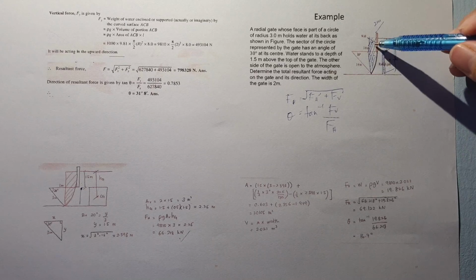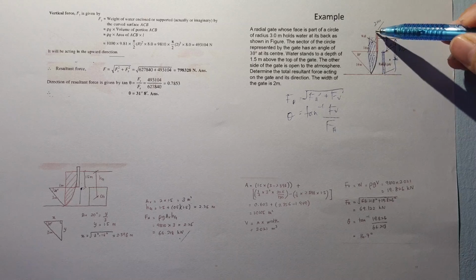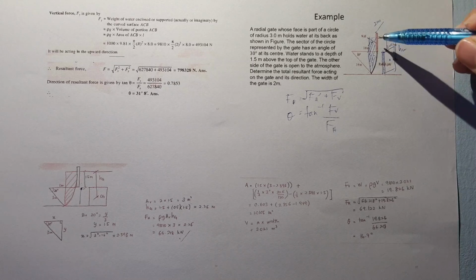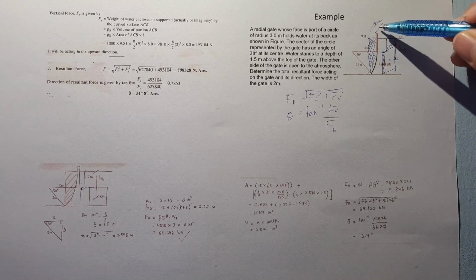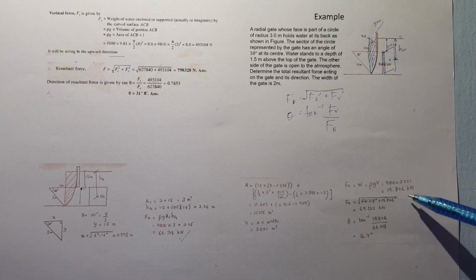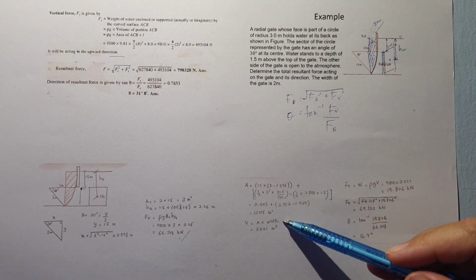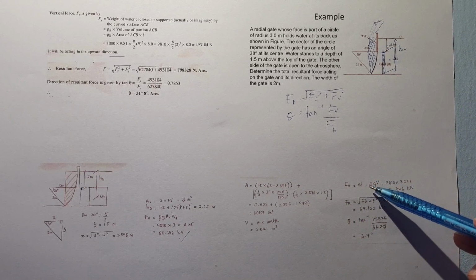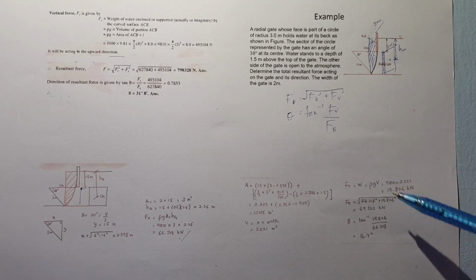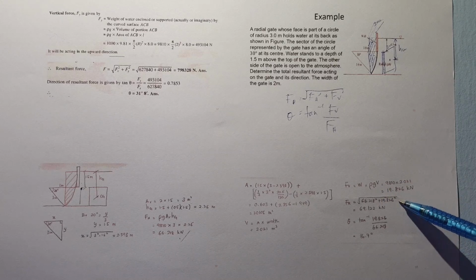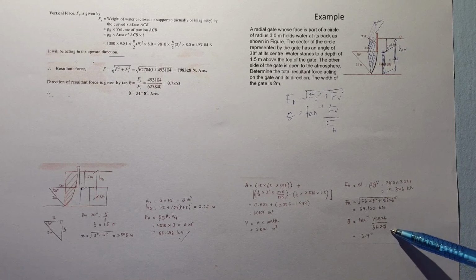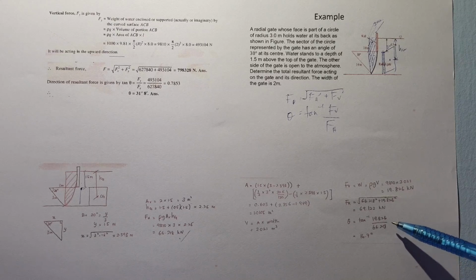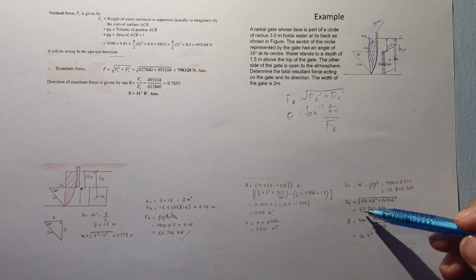So after you get area 1 plus area 2, times length 2 meters, you get the volume of water displaced by the gate. After you get the volume, you can calculate W by the equation rho g V. After that plug into FR and we get the theta. So this is your final answer.